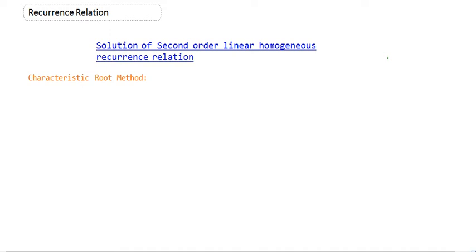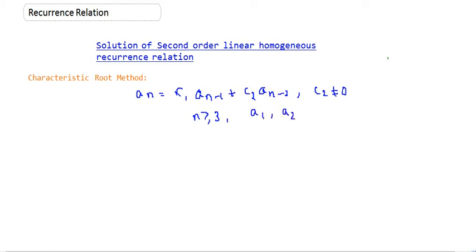If we have a sequence and the nth term of the sequence an can be written as a real number c1 times the (n minus 1)th term plus c2 times a(n minus 2), where c2 is non-zero, starting from n greater than or equal to 3, and the values of a1 and a2 are given, then we say this is our second order linear homogeneous recurrence relation.